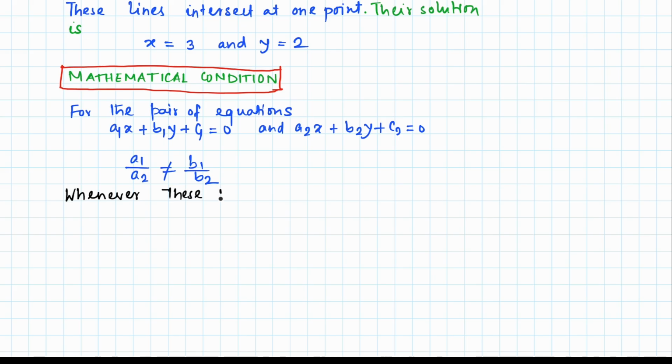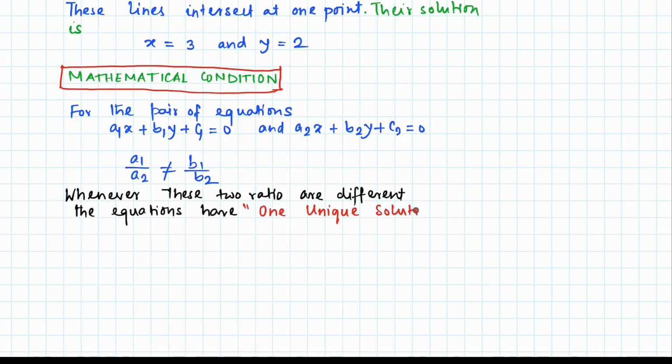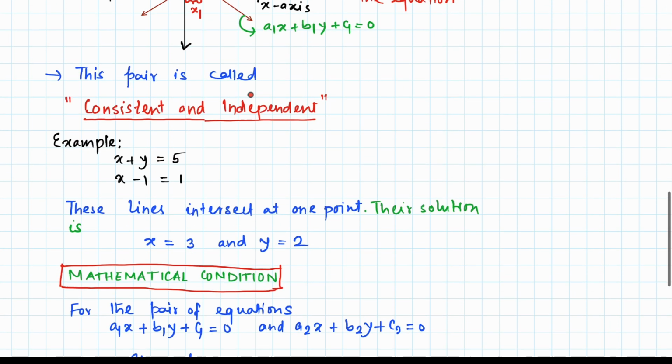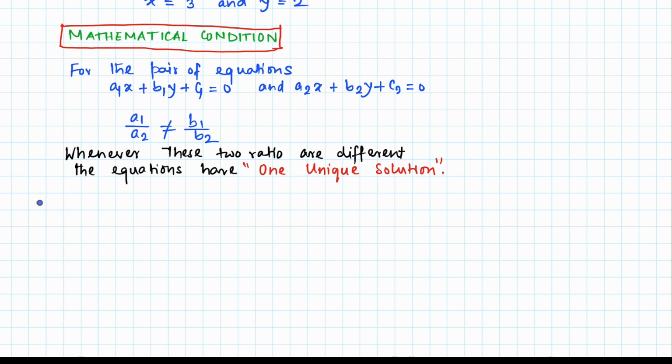Whenever these two ratios are different, the equations have one unique solution. That is simple. So from the two given equations, if we find these ratios and see they are not equal, we can easily conclude this is one unique solution.